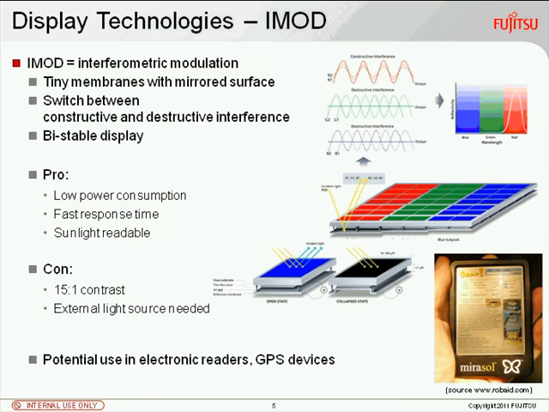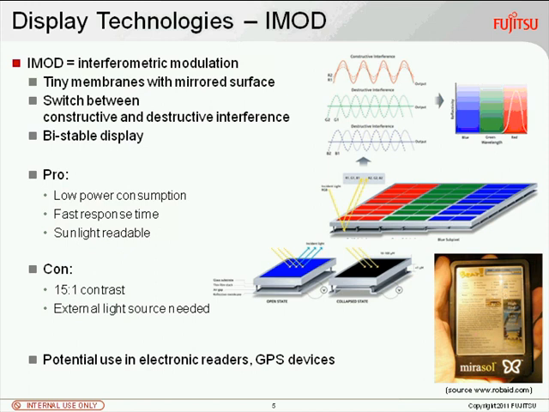So very small distance, and this is needed because the distance must be in the length of the wave of the light. And the principle is that this membrane can be switched by current, by voltage, from one state to another state. And the distance between the surface and the membrane is switched from half of a wavelength of the light to a quarter of the wavelength.